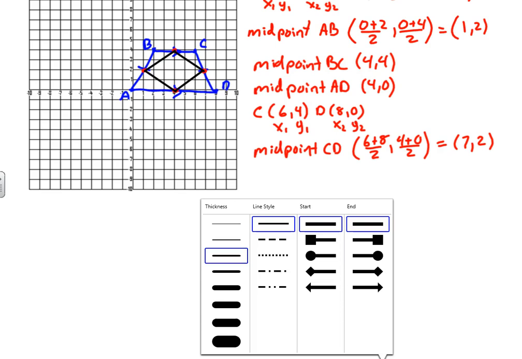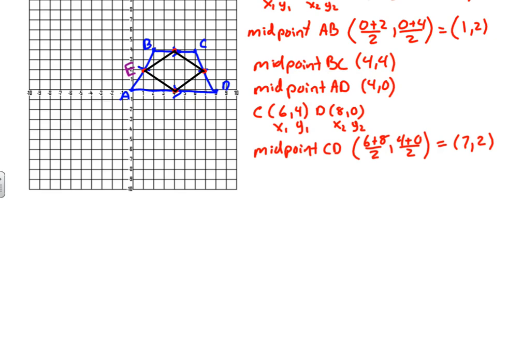First I'm going to name these points E, F, G, H. So I'm going up 2 and over 3. Then over here, I've got 3 and 2.